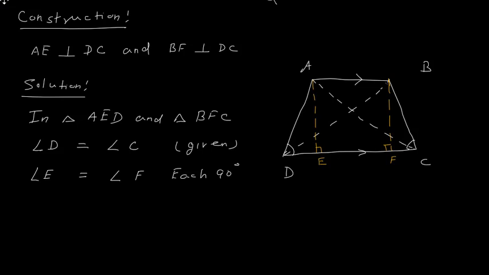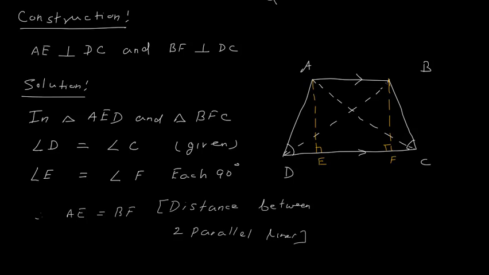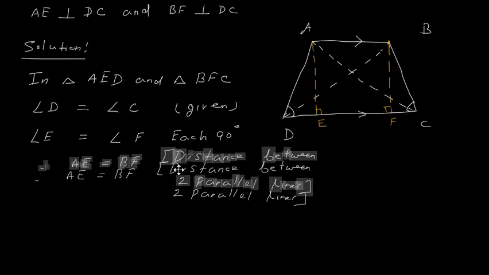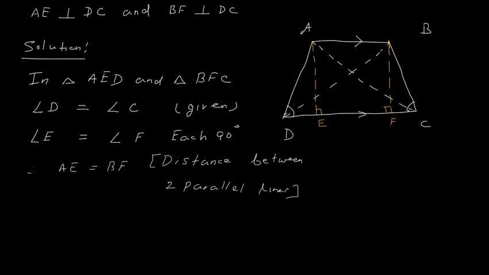And AE, that we have already written at the top. Now just paste it here. AE is equal to BF. The reason is distance between parallel sides. Therefore, I will say that triangle AED is congruent to triangle BFC.